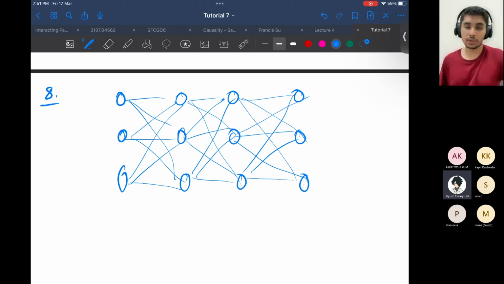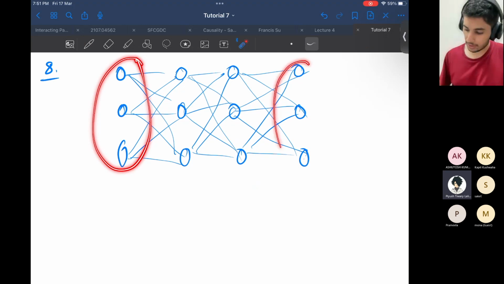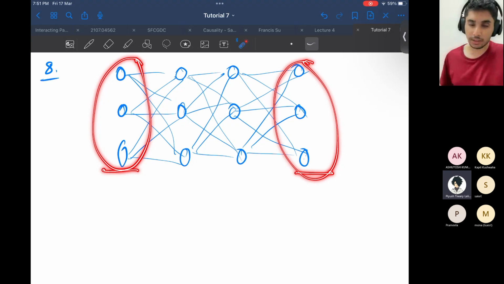Since it is a neural network, you cannot go away with the first and last layer, because this is the input layer and this is the output layer. You will have to give some input, and you will get some output. Basically this is something that is coming from dropouts.